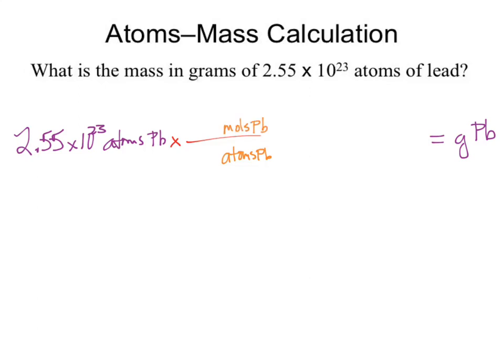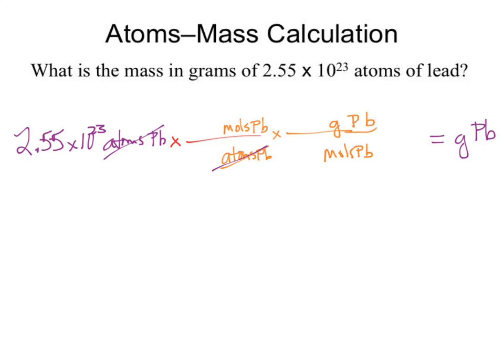Nice. That works. Are moles of lead equal to our grams of lead? So what do we have to do? We need to somehow get rid of moles. So moles needs to show up in our denominator. What should show up in our numerator? Grams of lead.